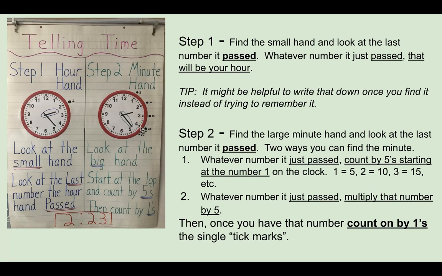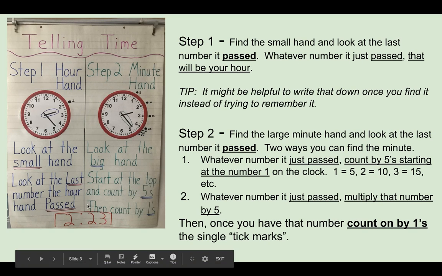So if number 4 equals 20, 1 little tick mark is 21, 2 tick marks is 22, and 3 tick marks is 23. And that's what the big hand, the minute hand, is pointing to, the number 23. And so then we would write that down as our minutes. So our time would be 2:23.